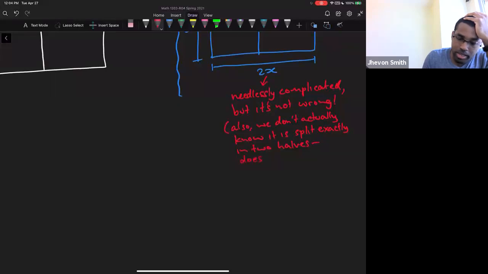Doesn't matter anyway, but as a concept, when you're setting it up, you're already making some sort of assumption that you weren't given. In general, you don't want to do that. You don't want to assume things that you're not given.